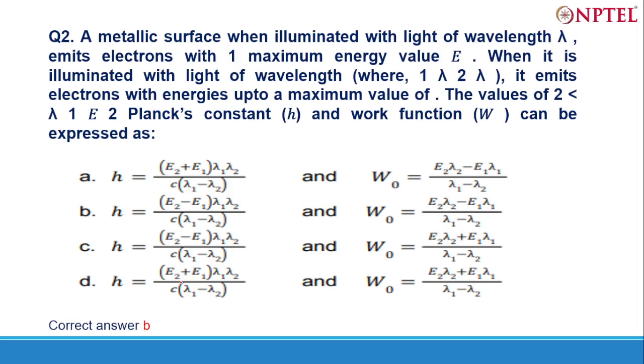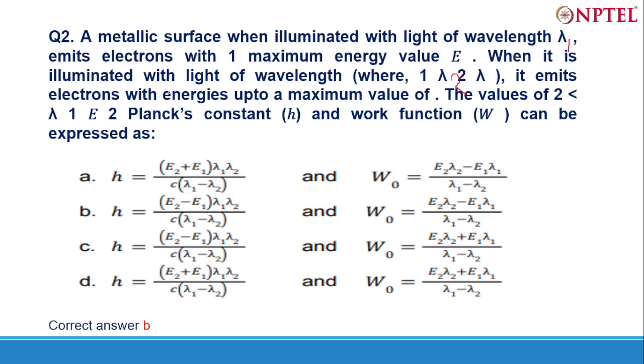I will read this question for you. A metallic surface, when illuminated with light of wavelength lambda, emits electrons with maximum energy E. There is some mistake, so there is a wavelength lambda 1 and a wavelength lambda 2.